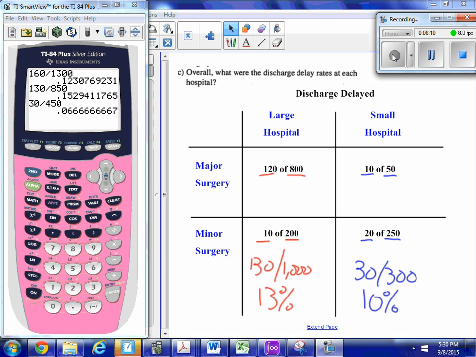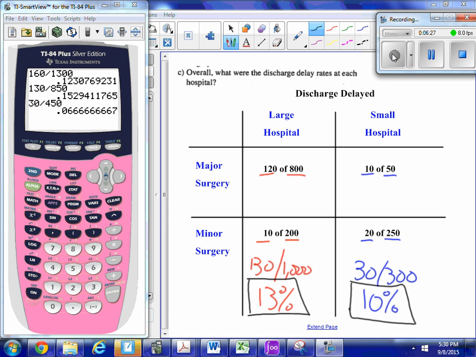I just want to point out one thing as an aside here. You don't really need to study this. It has a name, but you don't need to worry about it. You might think by looking at this that if I go to the large hospital, I'm going to be more likely to be delayed because it's 13% compared to 10%.